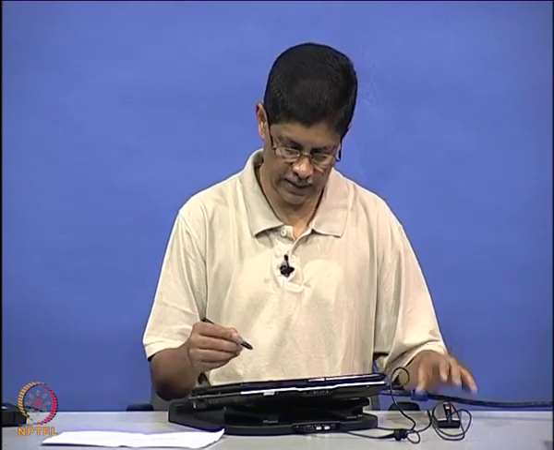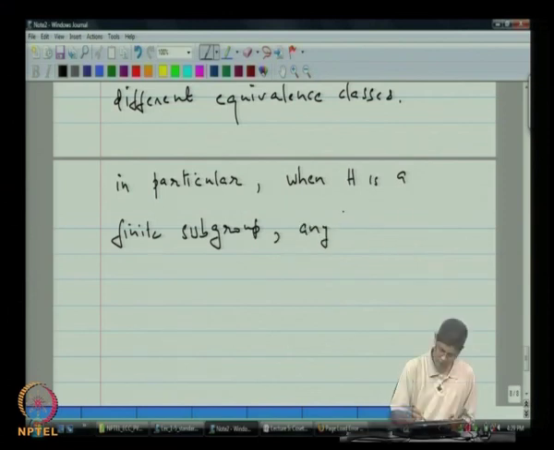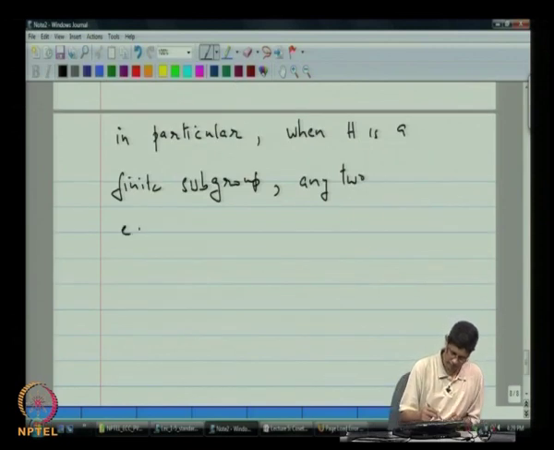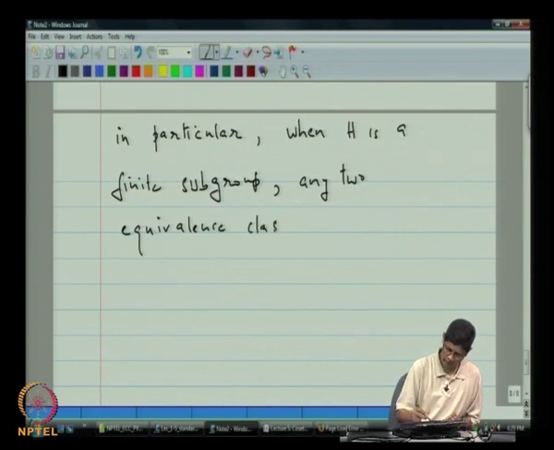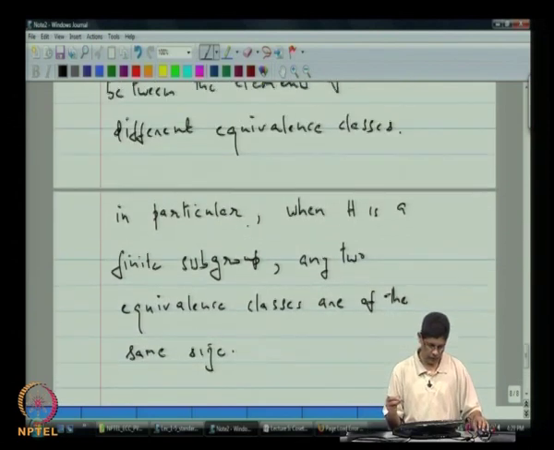So, in particular, when H is a finite subgroup, any two equivalence classes are of the same size. Okay, so this is our claim.